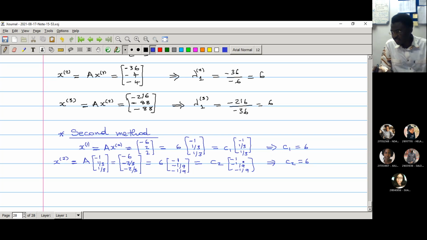Obviously, the associated eigenvector, depending on where you will stop, will be this, because this is your x k here. The next x k, this is x k plus 1. Okay, so that's the second method.